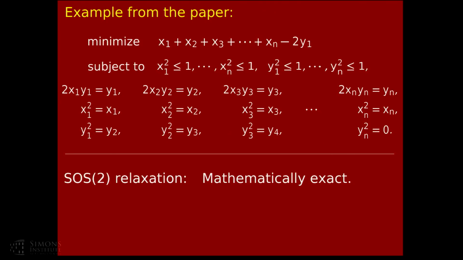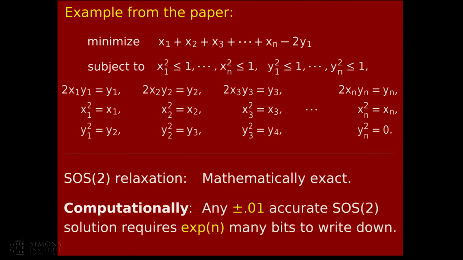It's not a relaxation. It gets the correct answer if you write it down. But there's a computational issue. Any sum of squares certificate for the correct value of this optimization problem that's accurate to within an absolute constant 0.01 requires exponentially many bits to write down. And it's not hard. The proof is just an exercise.